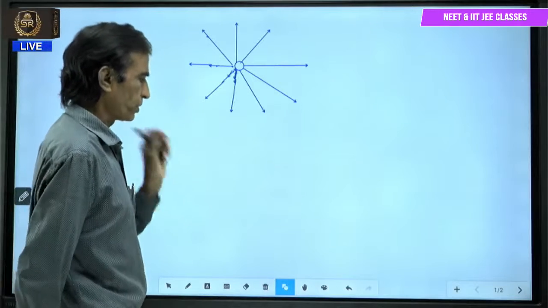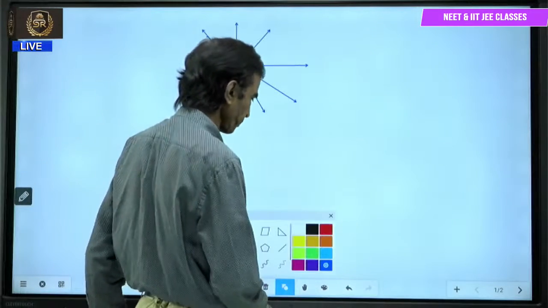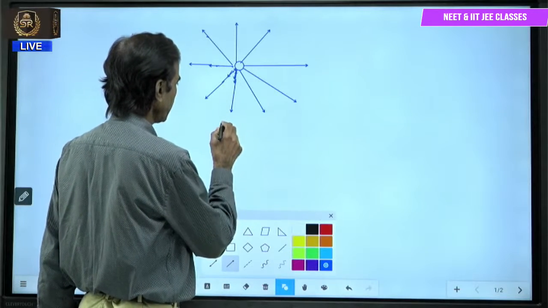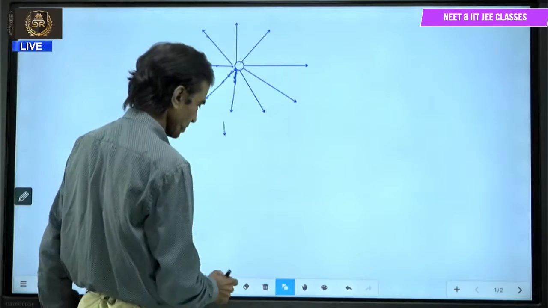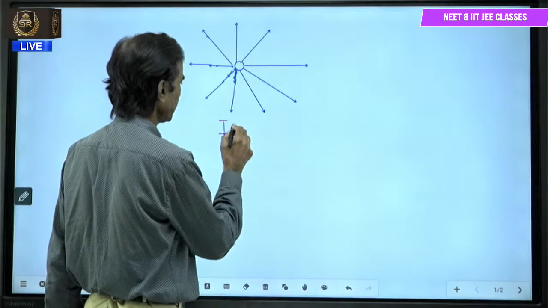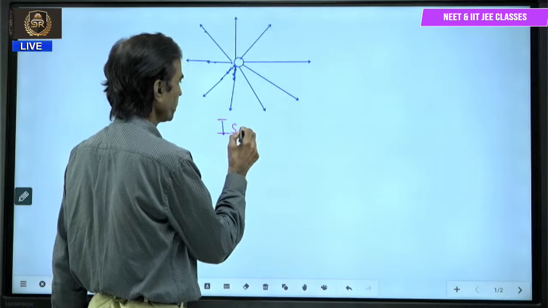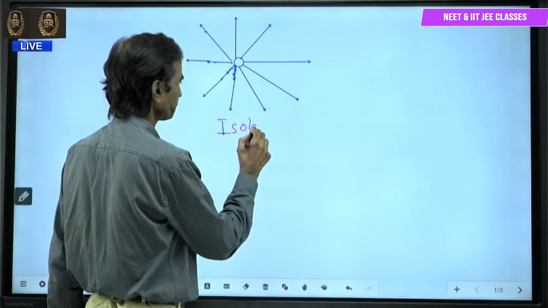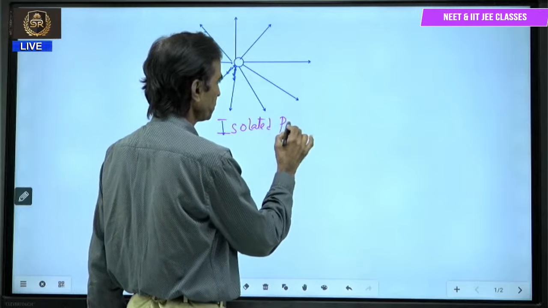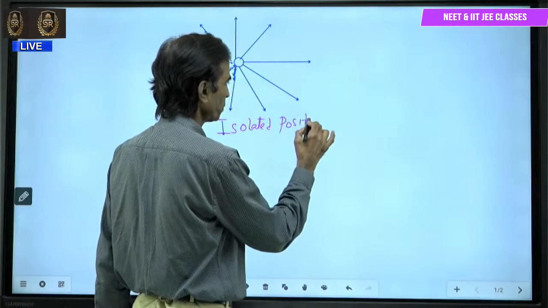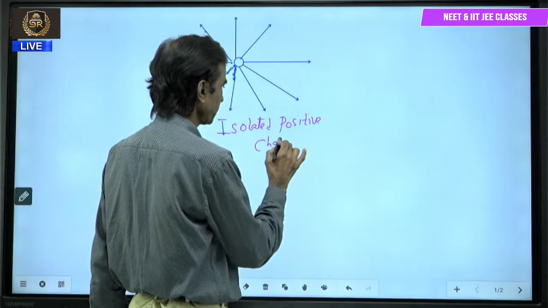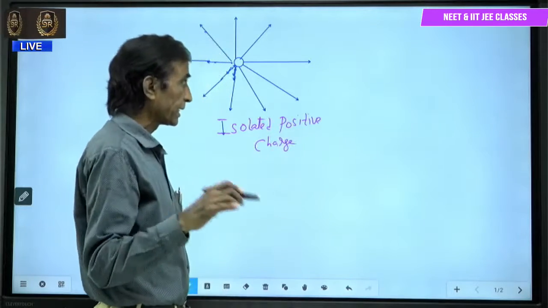But suppose it is a negative charge. Similarly, we take an isolated negative charge.